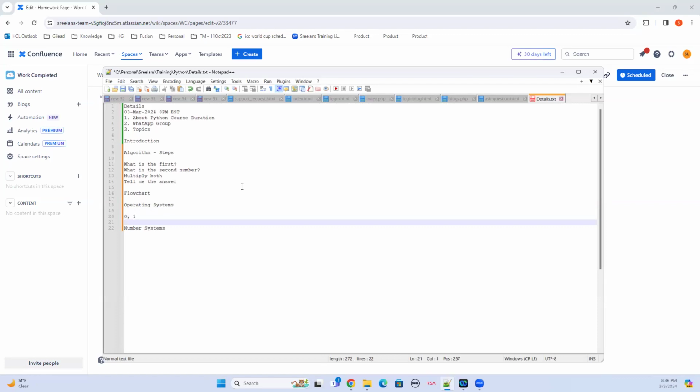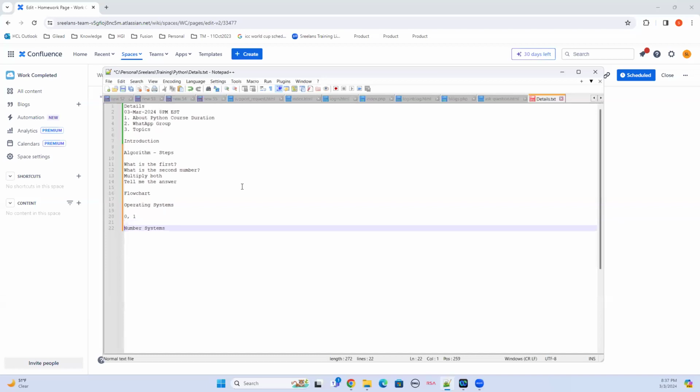So that is where we are going to talk about number systems down the line. This is not technically operating systems, but just to give an example of how it is going to work, we are going to talk about the number systems and how to use them.